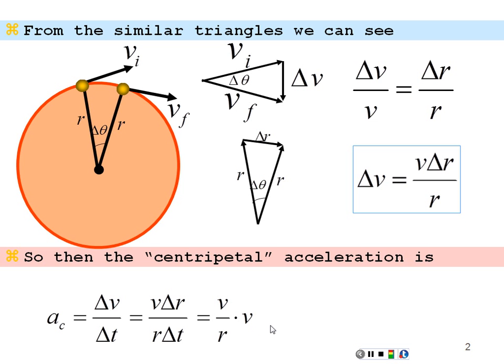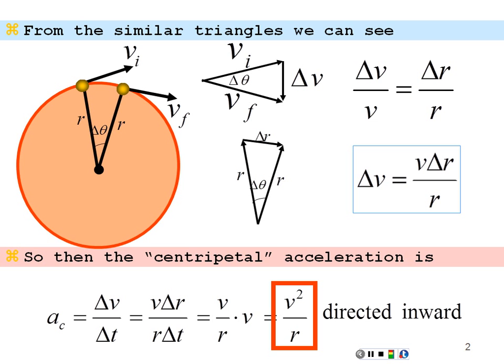So we have our velocity times velocity over our radius, or our velocity squared over our radius. This is our acceleration due to our change in direction, v squared over r, which we call our centripetal acceleration, and it's directed inward towards the center of this circle, center seeking centripetal acceleration.